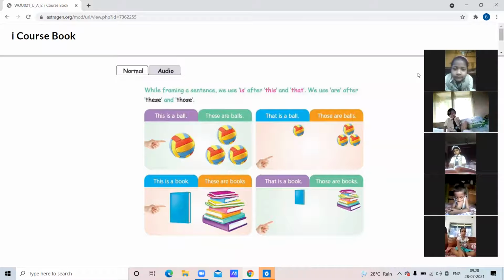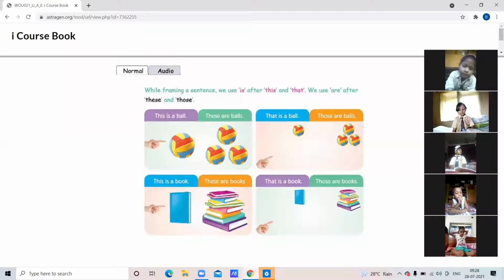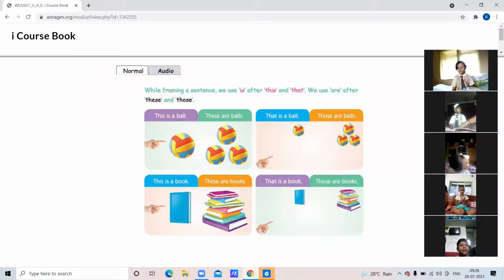Welcome. Loudly. This is a ball. That is a ball. Those are balls. This is a book. These are books. Very good. Okay, Mahika. Very good, Mahika.